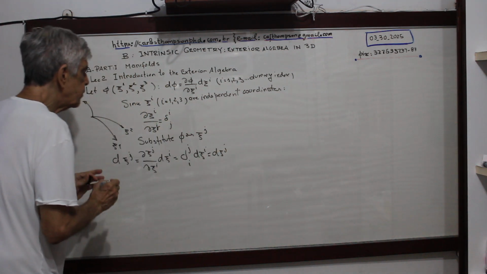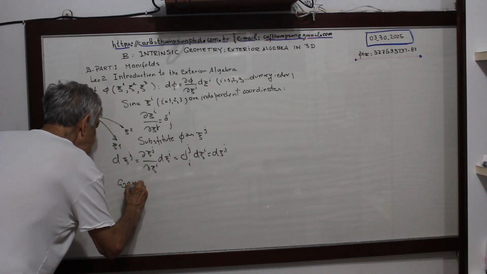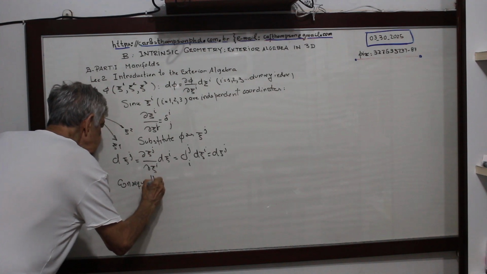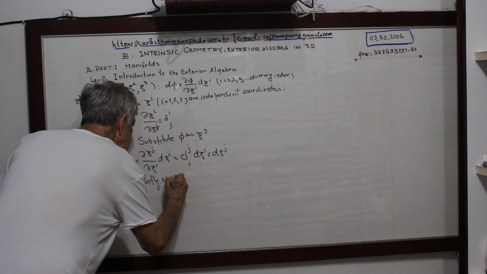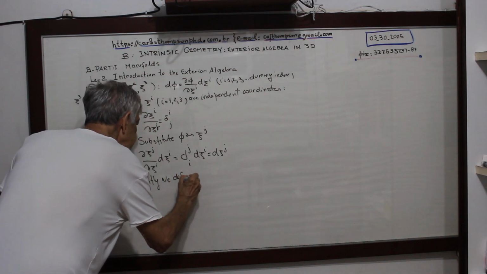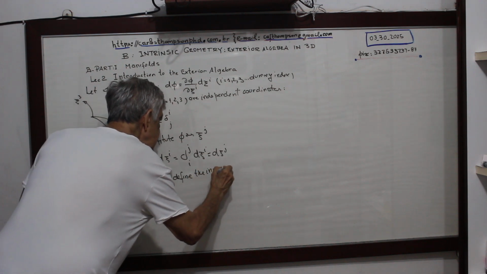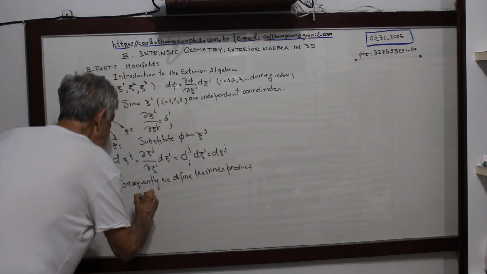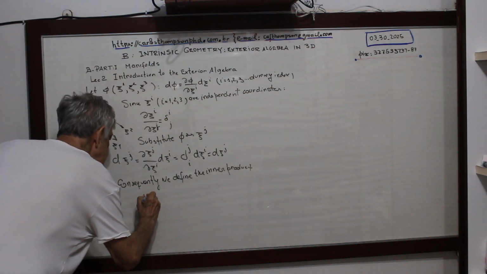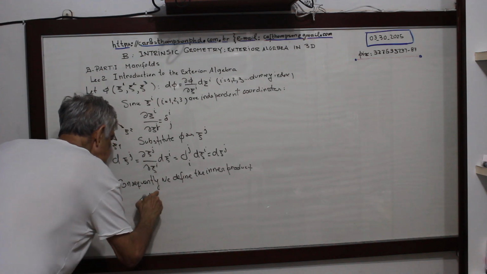So consequently we define the inner product like this. This is dxi. That's right here.